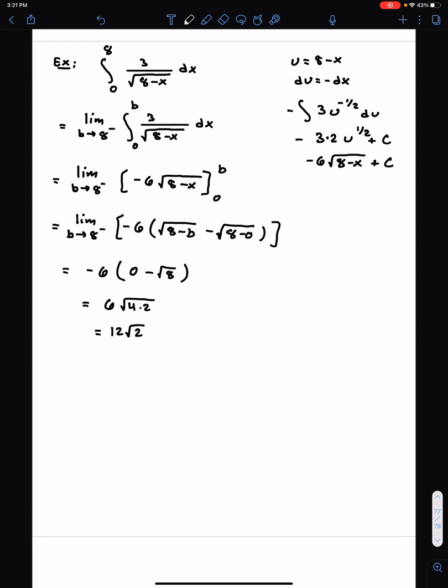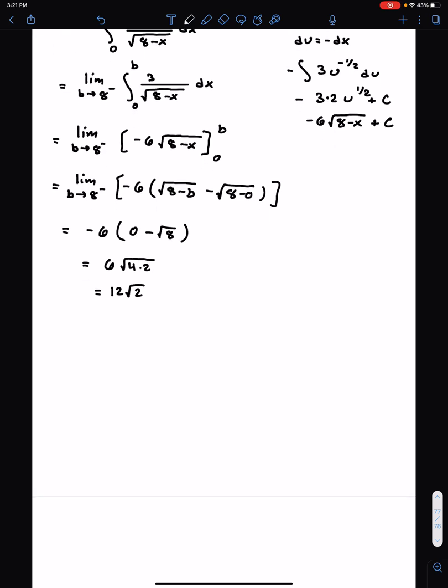So this example is an integral with an infinite discontinuity.